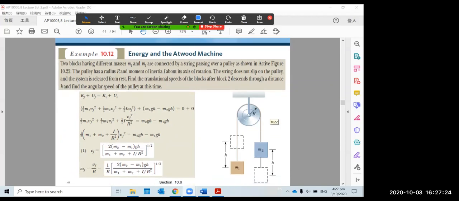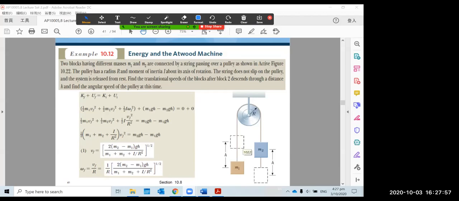And this is an example similar to question number 4 in tutorial set number 3. But here we are trying to calculate the speed of the particles. Here, you have the mass m1 rising by a distance h, and at the same time, m2 is dropping by the same distance in the other direction.